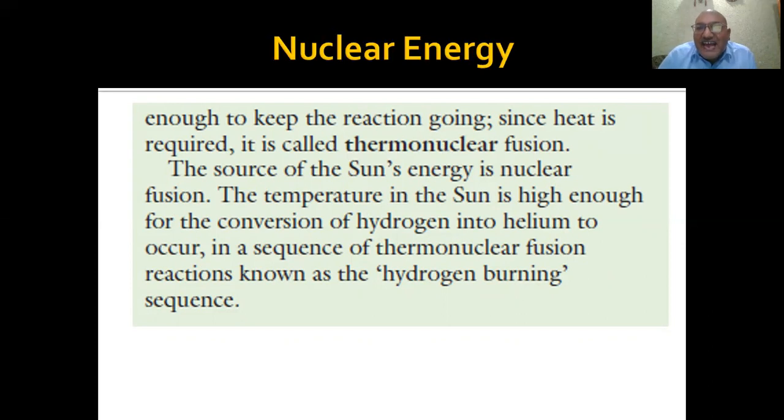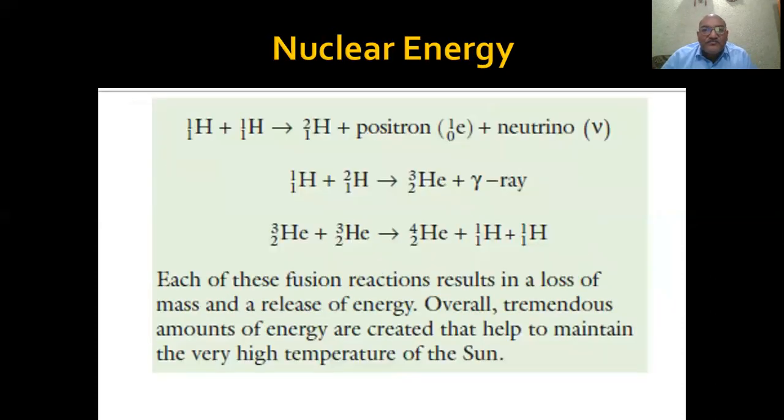The source of the sun's energy is nuclear fusion. The temperature in the sun is high enough for the conversion of hydrogen into helium to occur in a sequence of thermonuclear fusion reactions known as the hydrogen burning sequence. So here we have a reaction. You don't need to memorize it, and you can have a look here and see that these hydrogens are in the end converting into helium nuclei, and they produce a lot of energy.